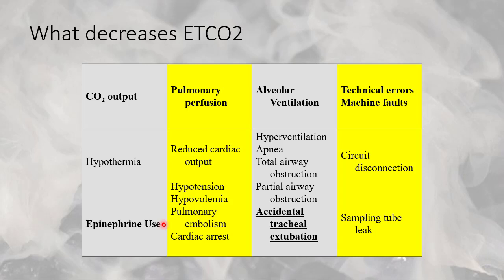So it's not actually accurate that it decreases CO2 output. It just decreases the perfusion of CO2-rich blood through the pulmonary capillary bed for a very short period of time.